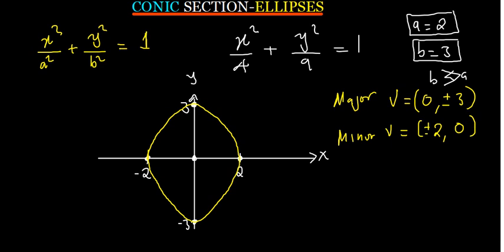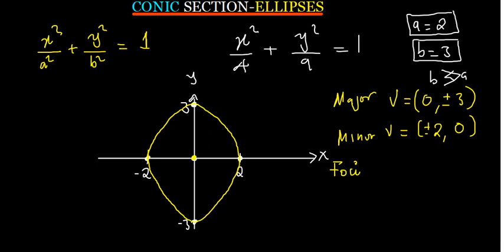Now we also can find the foci. The foci is just c units from the center. How many units from the center are you moving? It's more like the focal point. To determine the foci, we consider the major axis. The major axis is this one in this case, because the bigger number was below y.